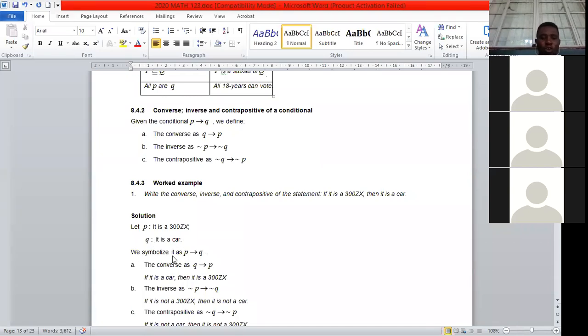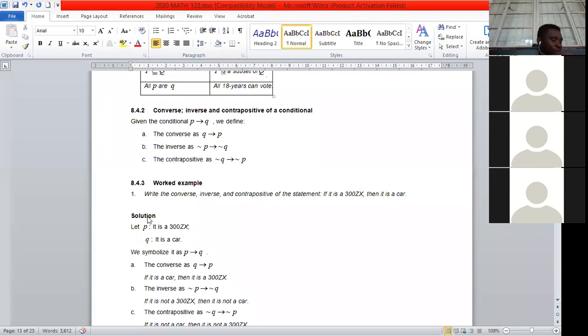We use the symbol P implies Q. So the statement is P implies Q, and the converse is Q implies P. And that is written as, if it is a car, then it is a 300ZX.